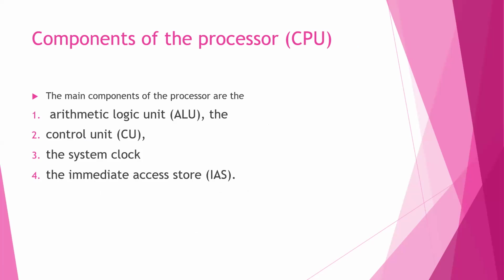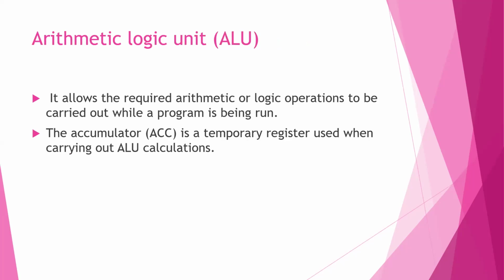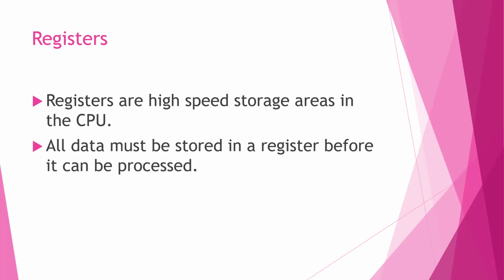The control unit causes synchronization of data flow. The system clock sends timing signals to synchronize all data flow by helping the control unit to do so. Immediate access store is just like the main memory, where both programs and data are shared. All of these we have seen.